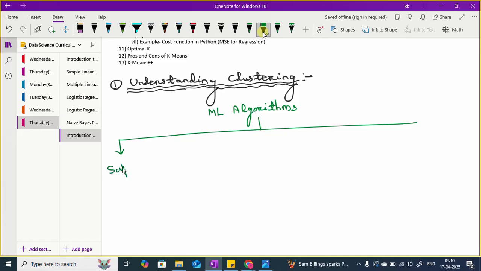One is supervised ML, another one is unsupervised machine learning.